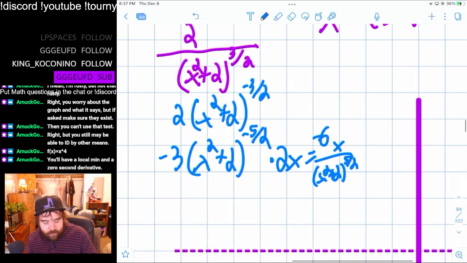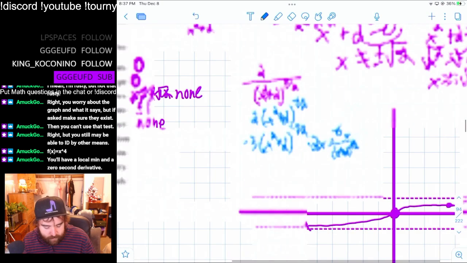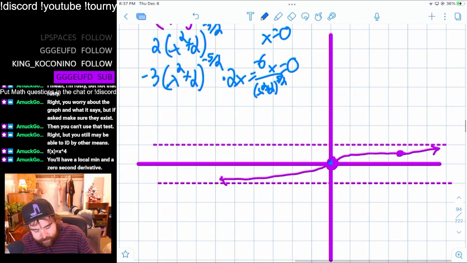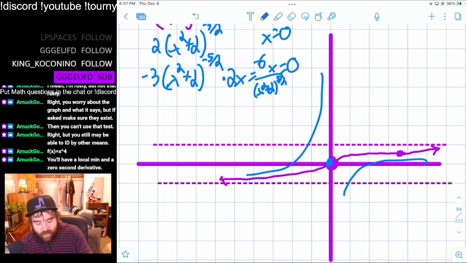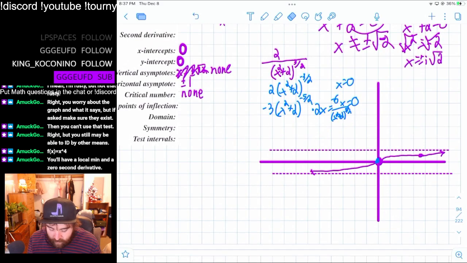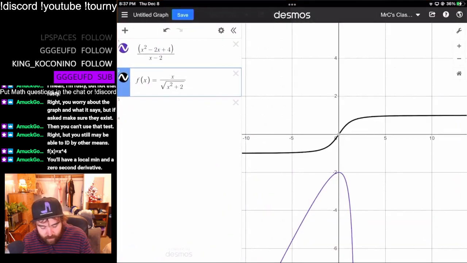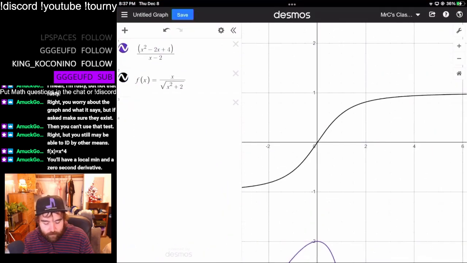So if you're finding possible points of inflection, when does this equal 0? At x equals 0. So that's why it does make sense. That's our point of inflection. And you do see that it goes from concaving up there to concaving down there. So that does make sense that that's what our graph is going to look like. Now the slope was not undefined, so it doesn't totally flatten out there or get vertical there, which we can see from here.